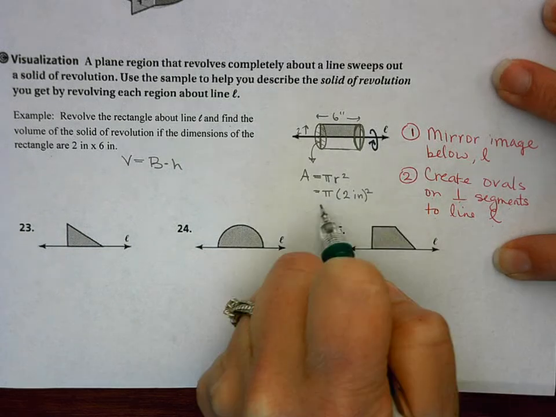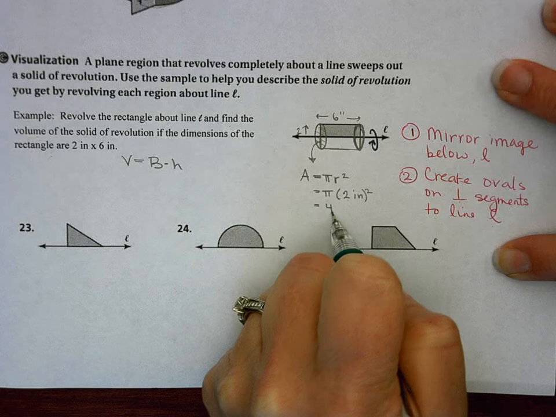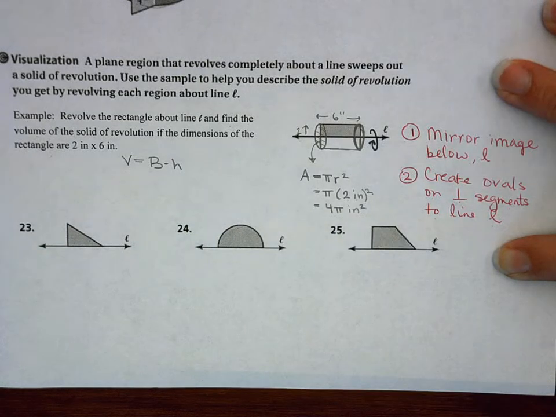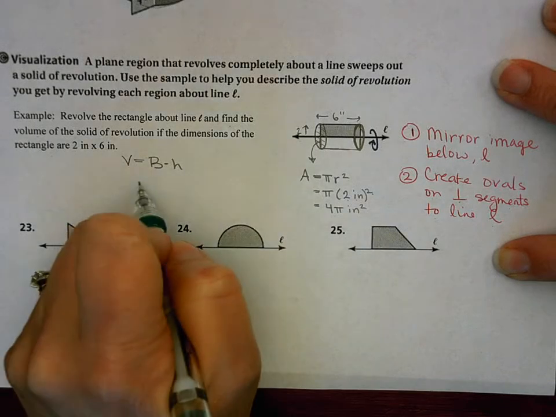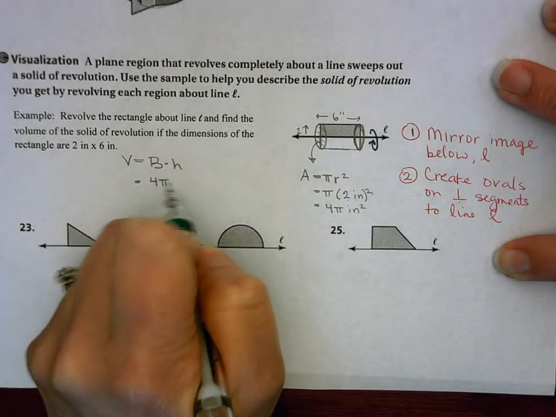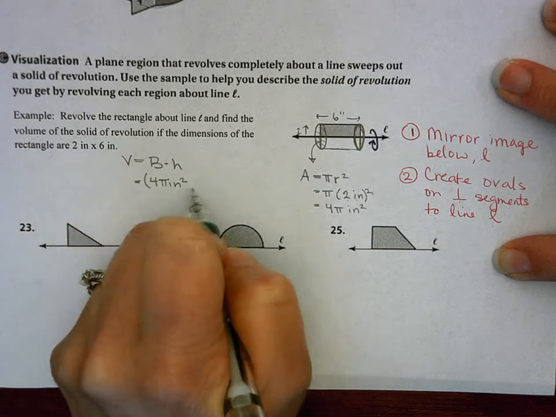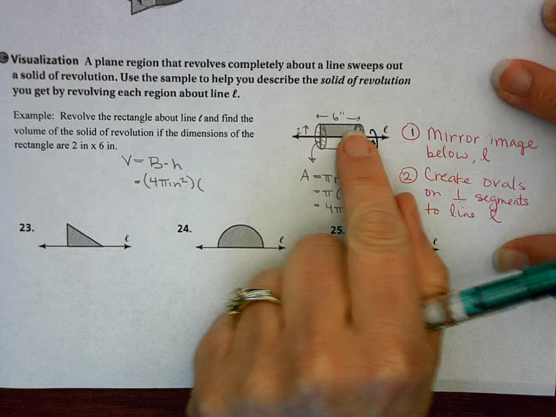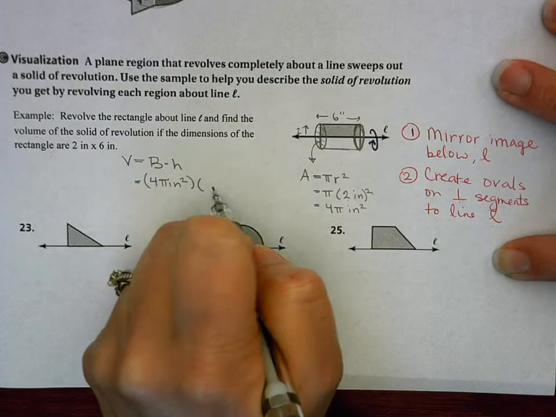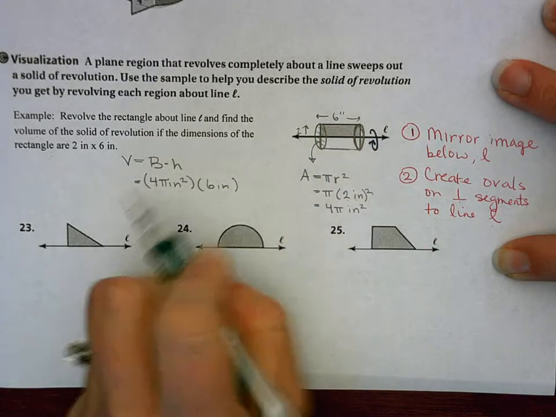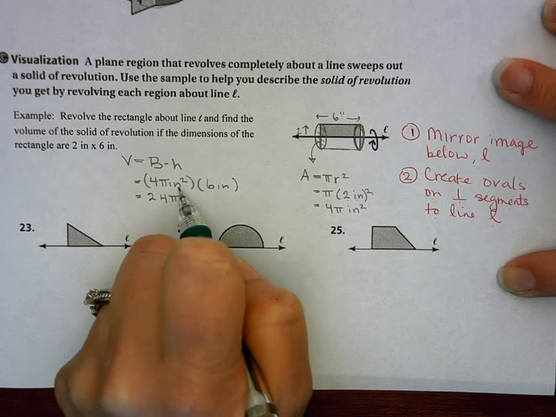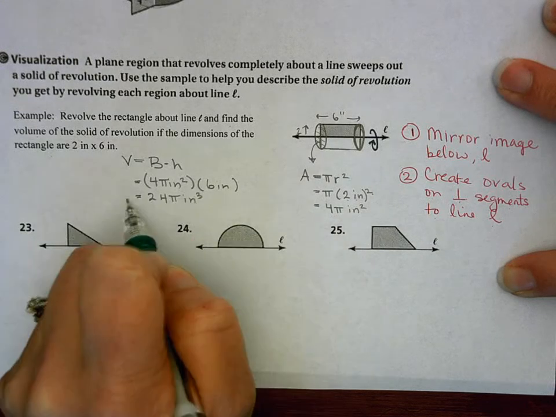So then the area would be 2 times 2 is 4, and then pi square inches. So the area of that circle was 4 pi inches squared, which is my area of the base. So my volume will be 4 pi inches squared times the height. And so this is a cylinder on its side, so the height would be the 6 inches. So 4 times 6 is 24 pi, and then inches cubed. And so that would be the volume.